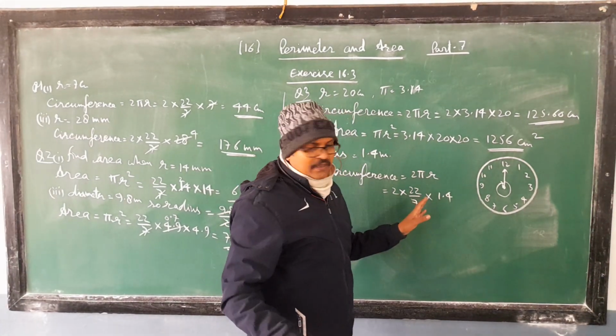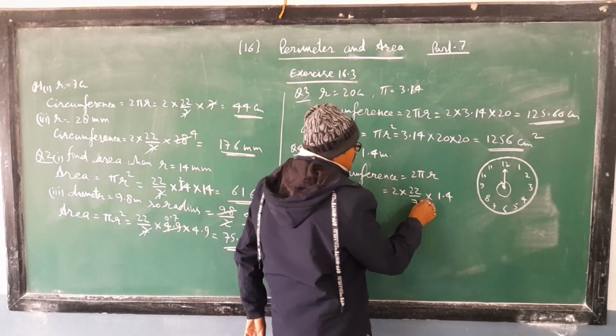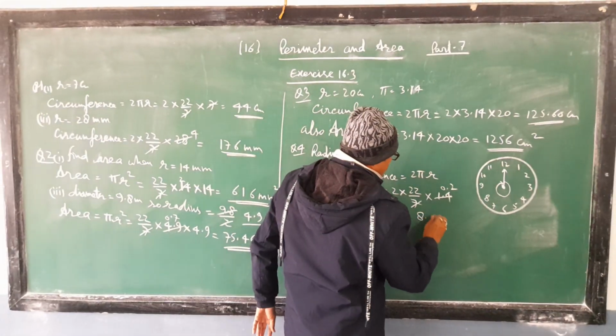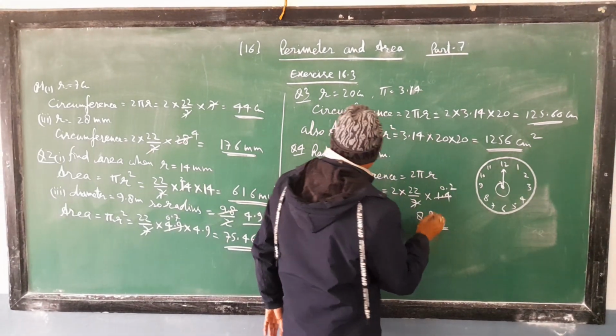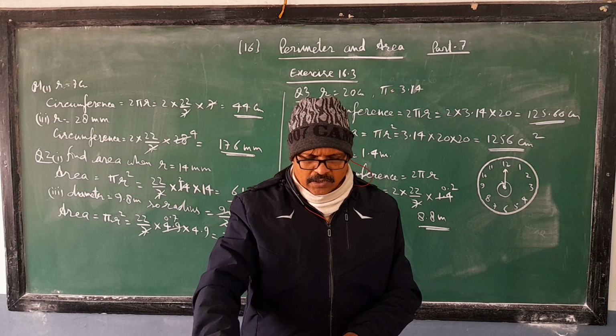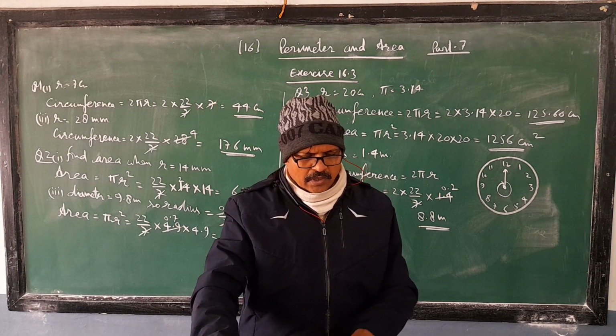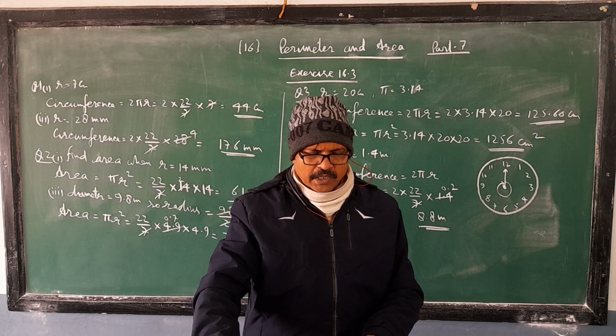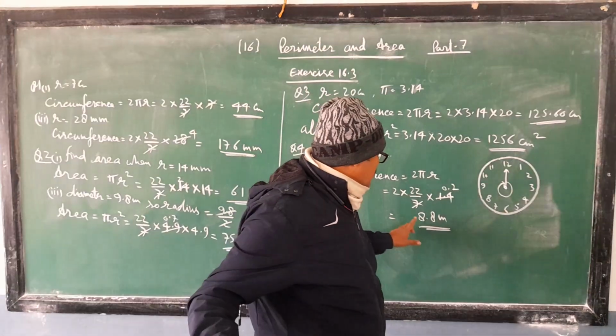Here the value of pi is not given, so we will take 22 by 7. 0.2 is equal to 8.8 meter. How much distance will the hand move in 1 hour? The minute hand will move 8.8 meter in 1 hour.